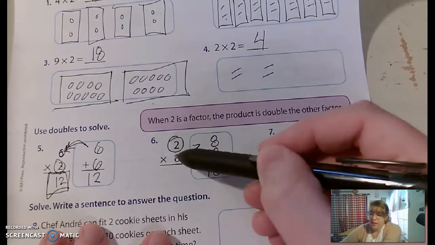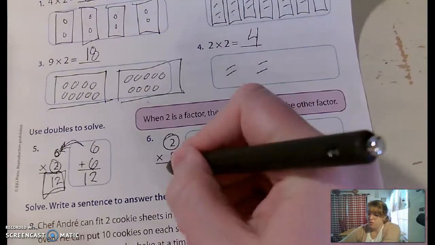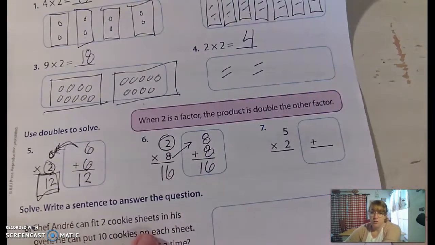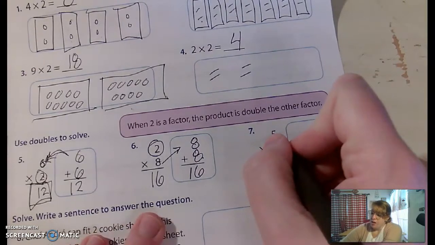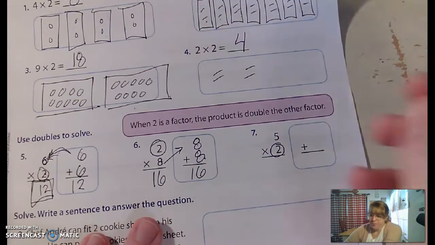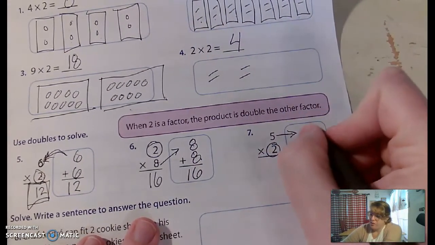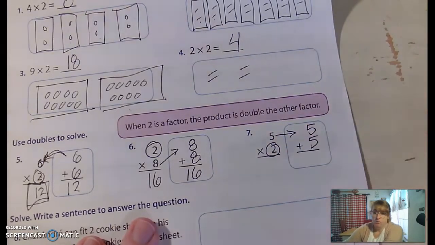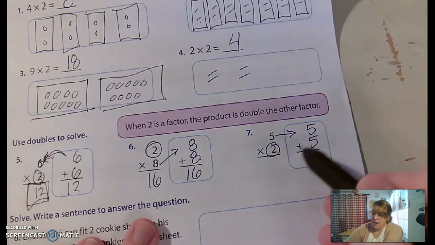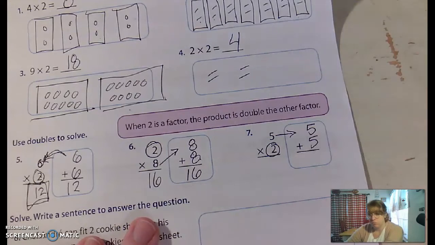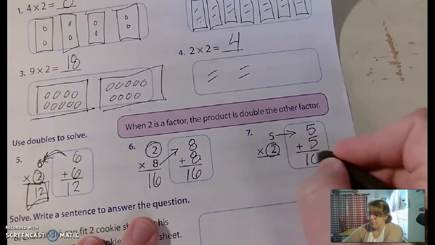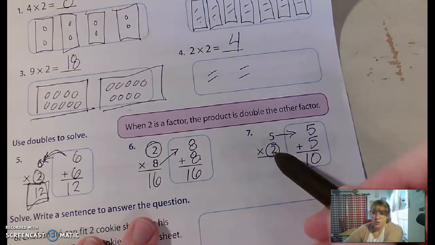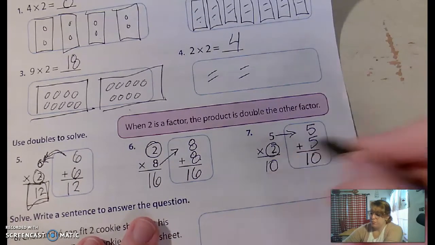So 2 times 8 also equals 16. Okay, all right. I have a 2 as a factor, so this factor gets added twice. 5 plus 5 is 10. So 5 times 2 is also 10. Good.